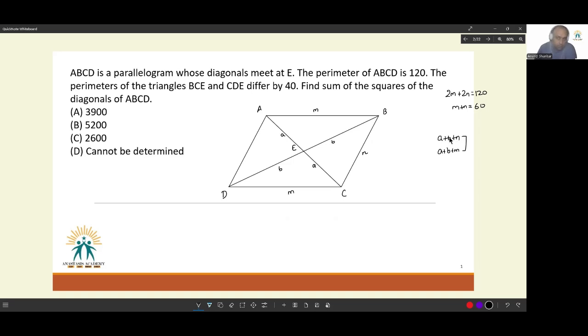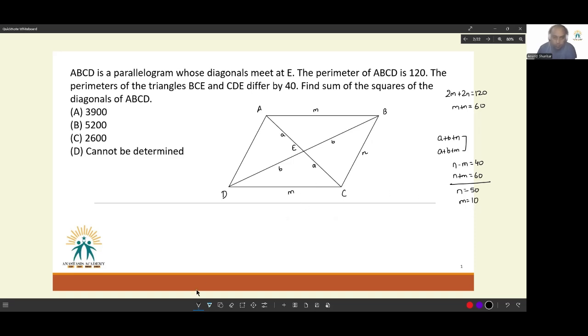A minus A gone, B minus B gone, N minus M is equal to 40. I have M plus N is equal to 60 and N minus M equal to 40, which will lead me to N being equal to 50 and M being equal to 10.